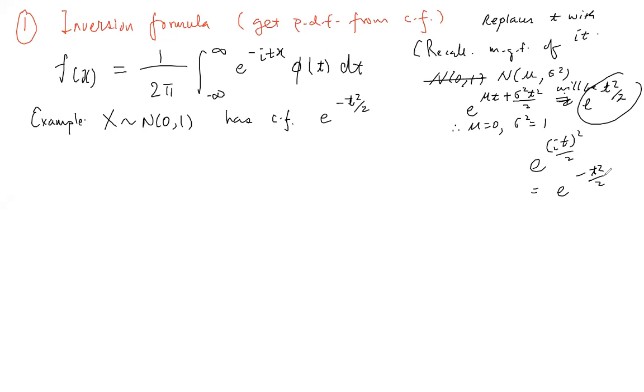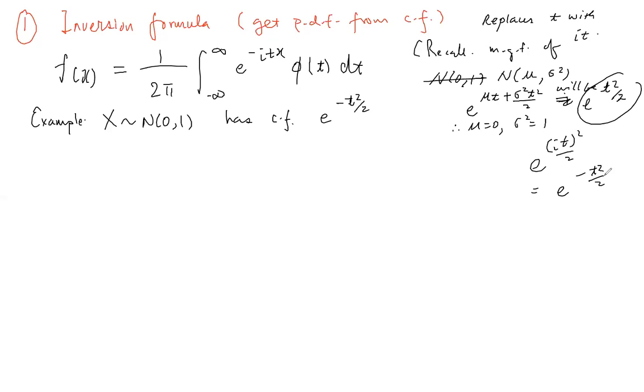So basically, you can actually get the characteristic function of various distributions by going to their moment generating functions, if they exist, and then simply replacing the t with it. That will save you a lot of trouble.